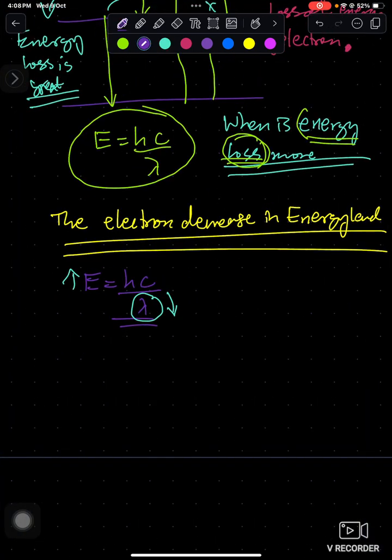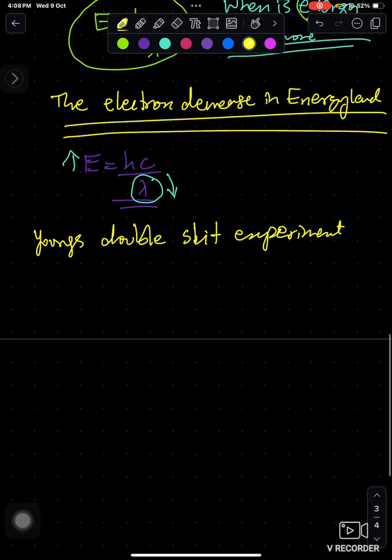Then let's talk about the Schrodinger equation, or not the Schrodinger equation, sorry, Young's double slit experiment. Here we have some key points to look at.